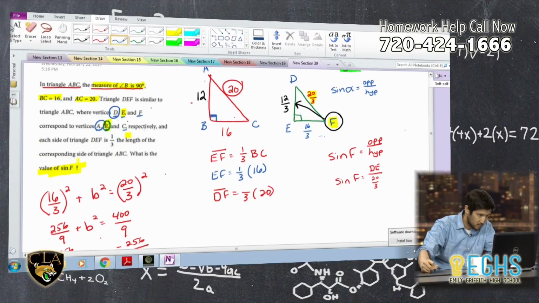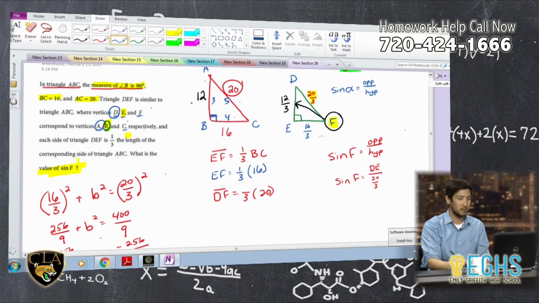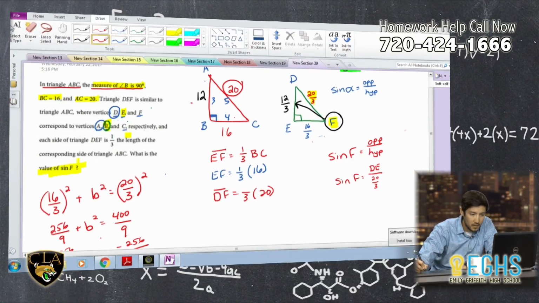Should be like this. 3, 4, 5. What we're actually doing is multiplying it all by 4, so we're scaling it up by a factor of 4. Scaling it up, yeah. So if you were comfortable with that, you could have just quickly said it's 12 over 3, 16 over 3, 20 over 3. So anyway, we're doing sine of f still with all these fractions equals 12 over, nope, that's a 13.